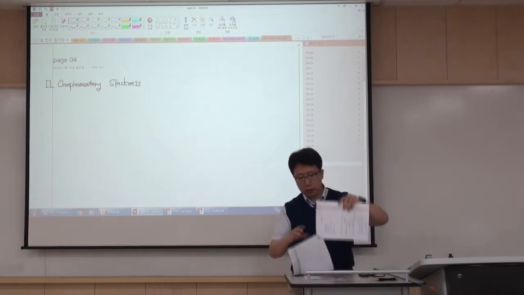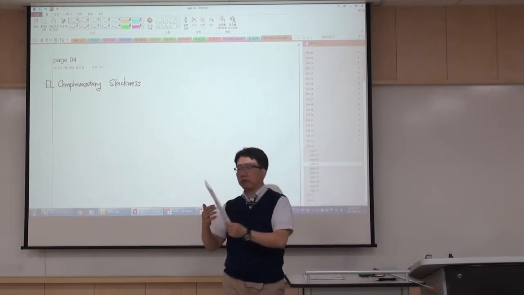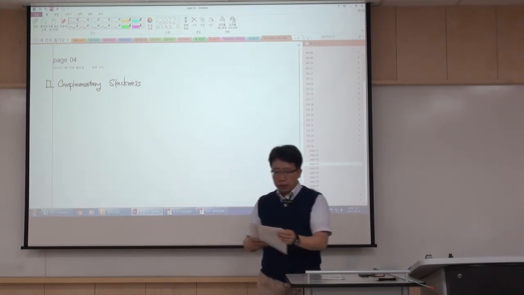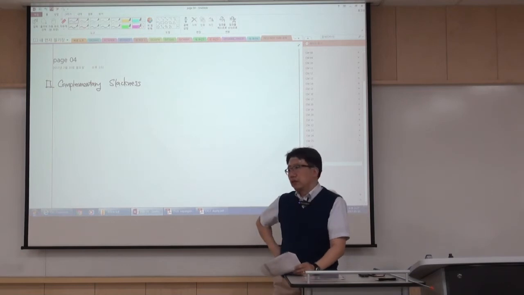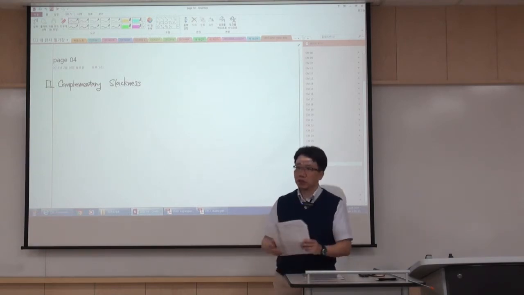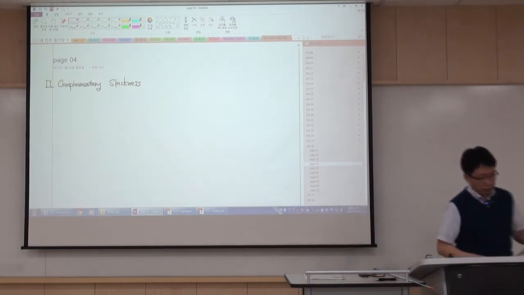You have complementary slackness on page 5-17. If you just self-study this, it may take a lot of time before you remove confusion. So I help you right now.